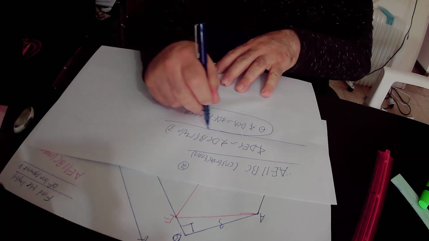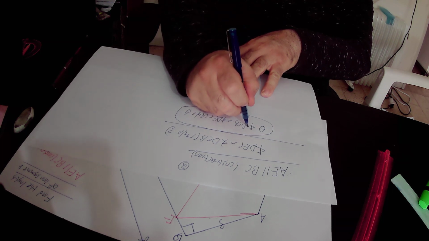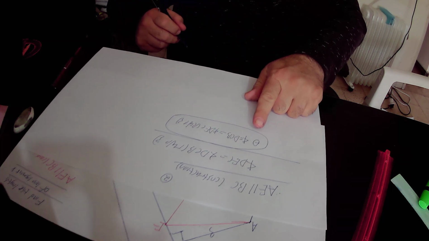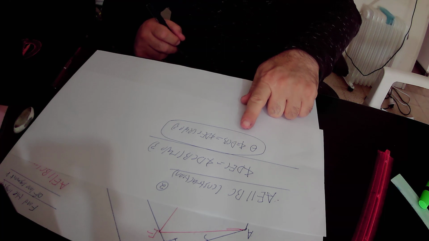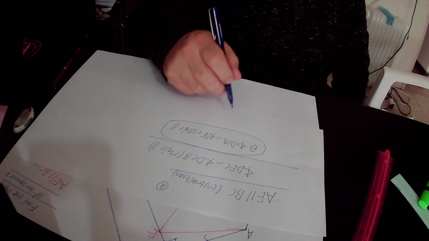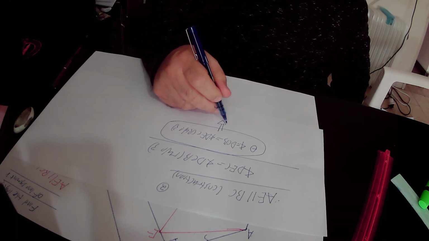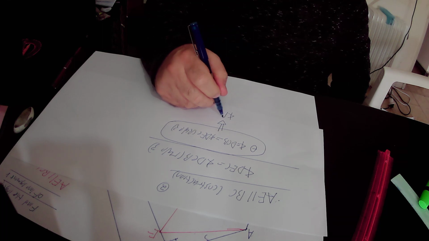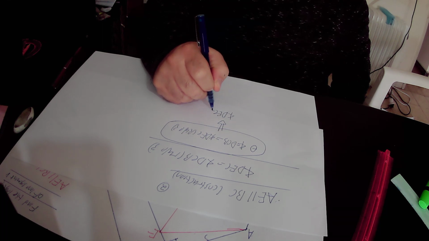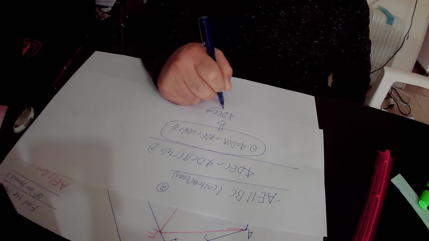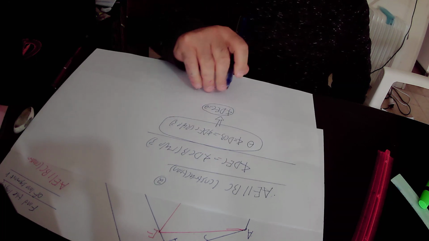So from theta equals angle DCB equals angle DEC, we will derive that angle DEC is also equal to theta.